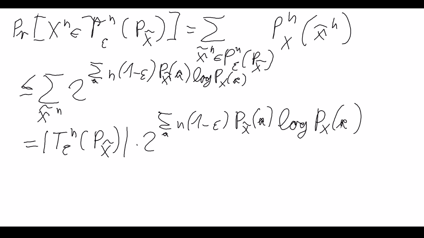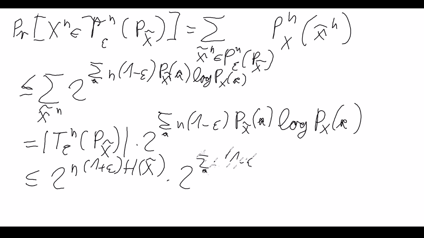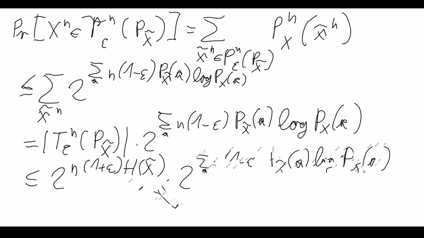Now we can estimate the cardinality, because we know how to estimate it. We can estimate this by 2 to the n(1 plus epsilon) H(Px̃), and here again 2 to the sum over all a of n(1 minus epsilon) Px̃(a) log Px(a). Now we know that H(Px̃) is equal to minus the sum of Px̃(a) log Px̃(a).